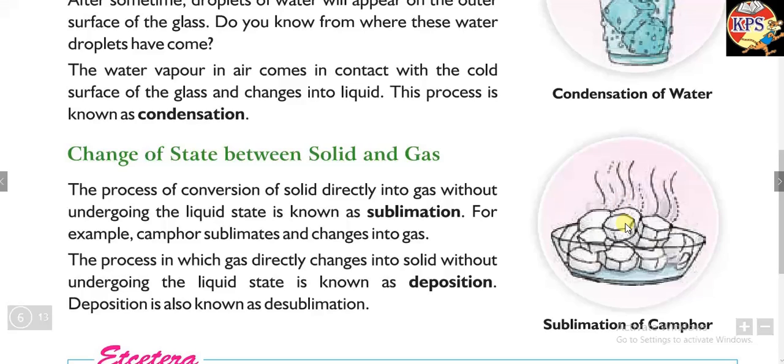If we are boiling at a moderate temperature, it will first convert into liquid, then it will convert into the gaseous state. So if we are converting gas directly into solid, then it is called deposition.